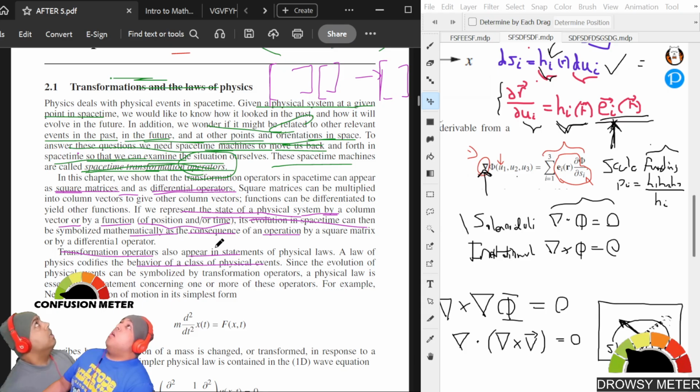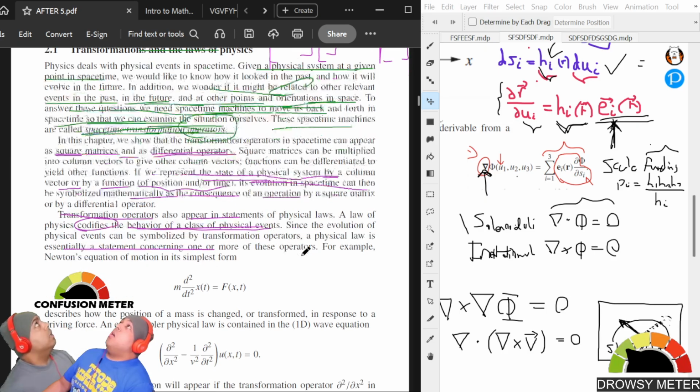Transformation operators also appear in statements of physical laws. A law of physics codifies the behavior of a class of physical events. Since the evolution of physical events can be symbolized by transformation operators, a physical law is essentially a statement concerning one or more of these operators.